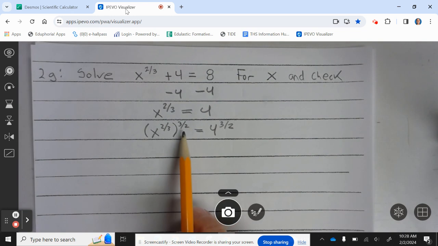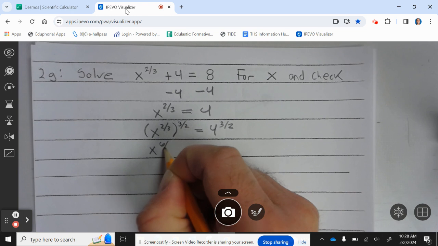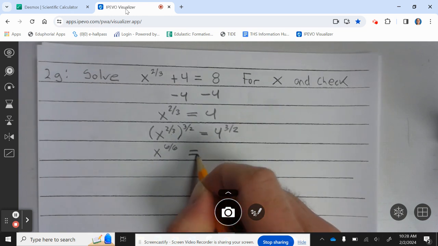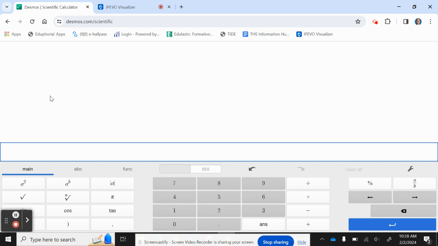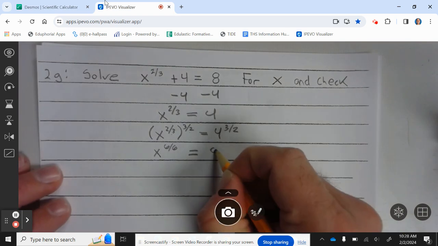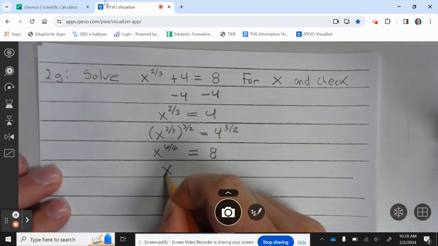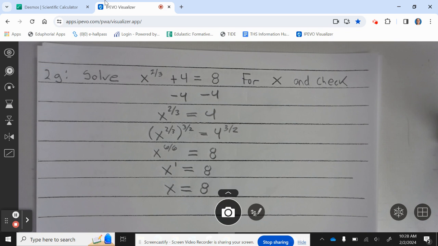So when you do this, you multiply, so that becomes x to the 6 divided by 6 equals, let's go ahead and do 4 to the 3 over 2 in the calculator. 4 to the 3/2 is 8. So then x to the first power equals 8, so x equals 8. All right, go ahead and finish it up.